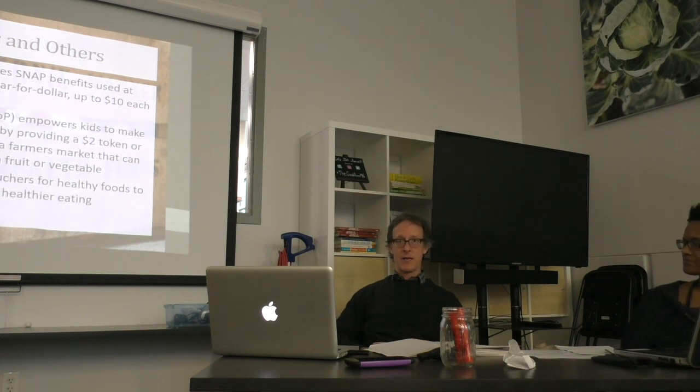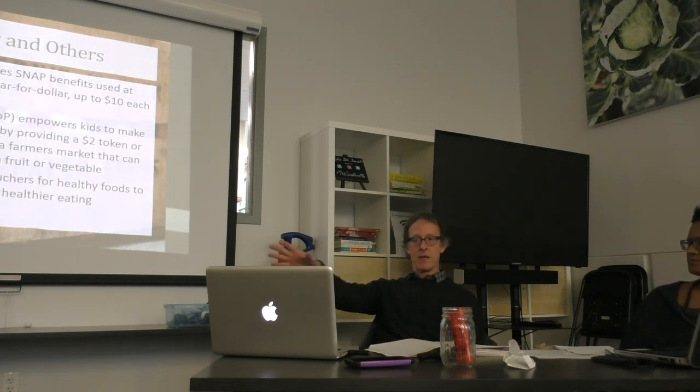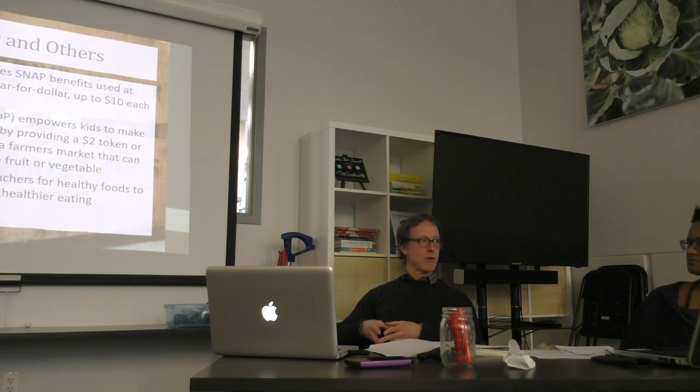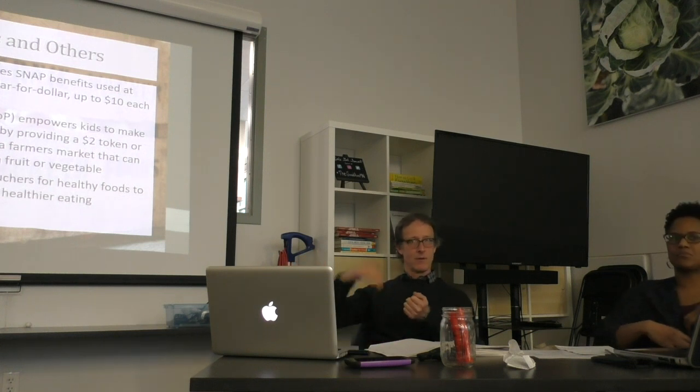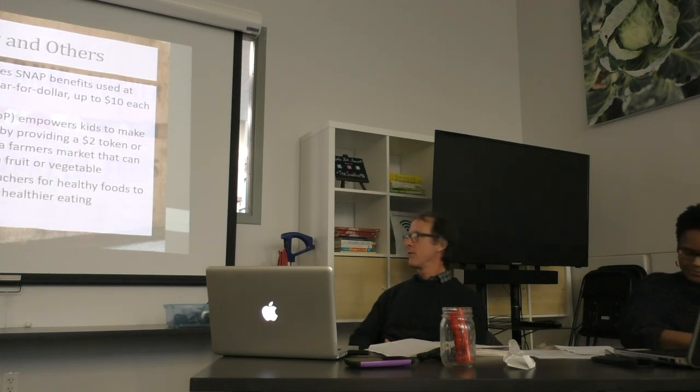SHIP has provided some funding to the POP program, but it really varies from location to location. I already described the core component of the POP program, which is that $2 token piece. A lot of markets go beyond that by also providing related children's activities and other perks. Like I know a lot of markets get canvas bags that they give to kids to use to fill with their market purchases and stuff like that.